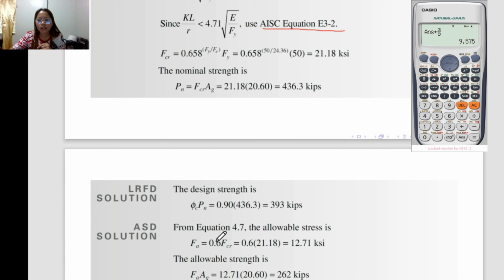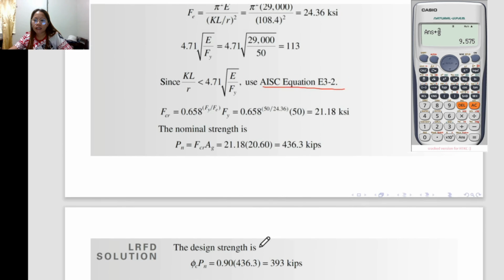I mean, we discussed this one already, no? In the previous discussion, no? We arrived at this one, one of the basic relations, no? For ASD solution, the applied force is equal to 0.6 times the critical buckling stress, which is equal to 21.18 KSI.